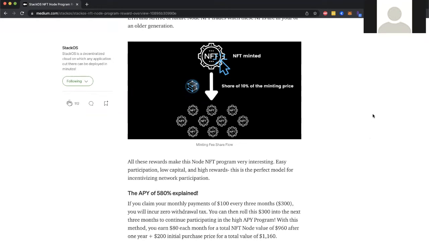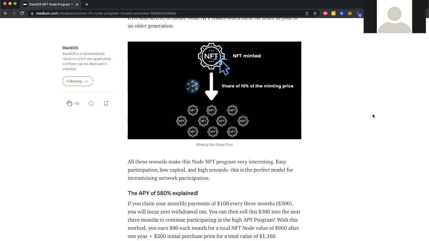So the early generation NFTs receive much more, right? As long as you have minted an NFT, obviously you receive as more NFTs are minted. So that's the economic model of how the minting fees and the APY actually work. With time, you will see that each of these NFTs receives higher APY from the yield program.